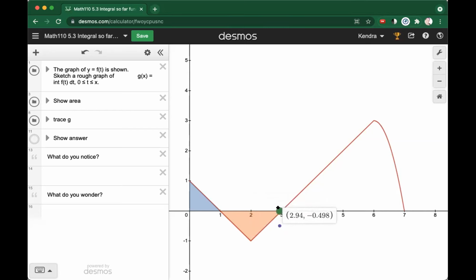And then it goes down to negative 3, and then it goes up to 0, and then up to 1.5, and then up to 4, and then up to 5 point something.